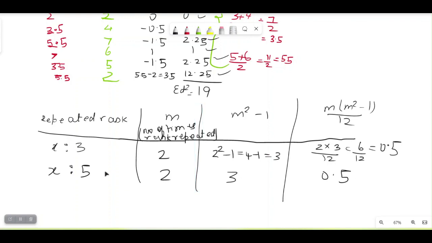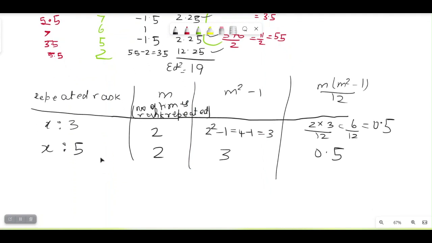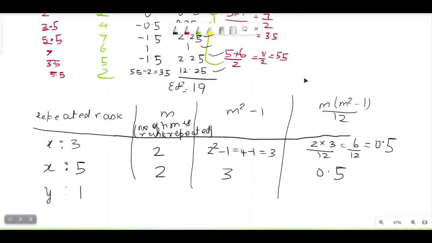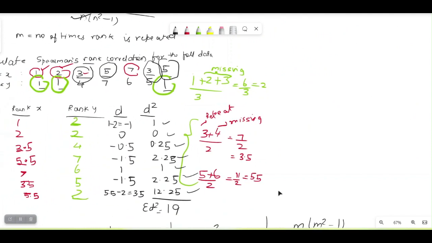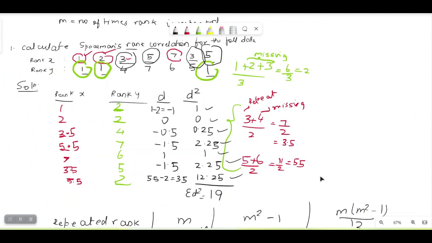Also, we are not done with this M calculation because in series Y, if you observe, the rank 1 is also repeated. See, here this rank 1 is also repeated.